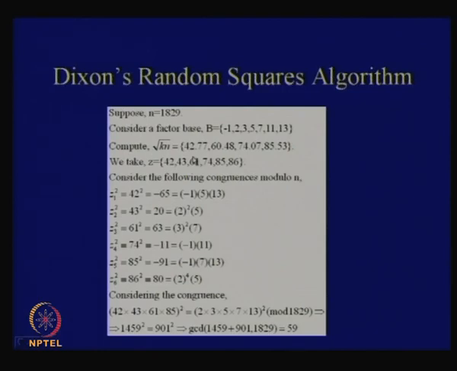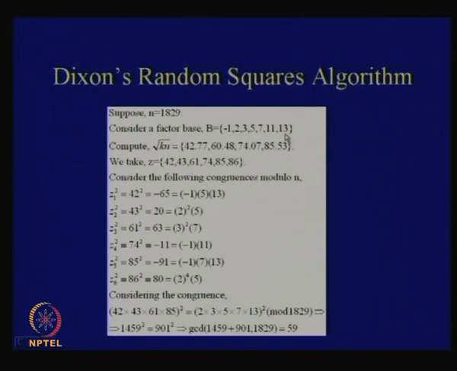I am not considering big numbers. So the first 10, or 12, or 20 prime numbers, something like that. Consider a factor base, and we have included minus 1 for convenience here. The numbers are 2, 3, 5, 7, 11 and 13.